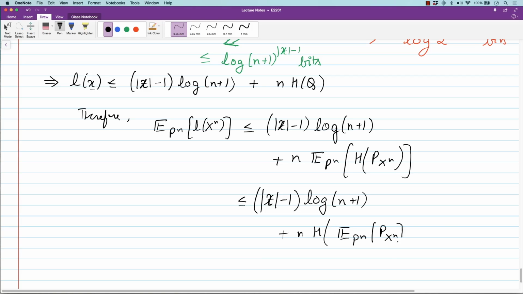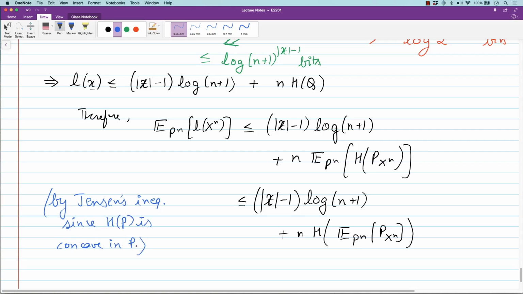This is a distribution. But what is this distribution? Just to be complete, this is by Jensen's inequality, since H is concave. Okay. So now what is this expected distribution?